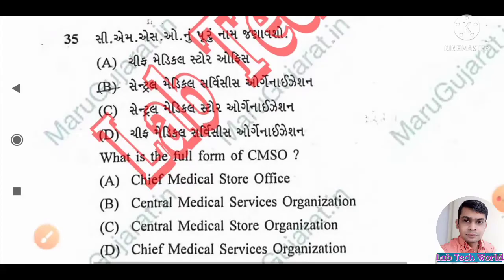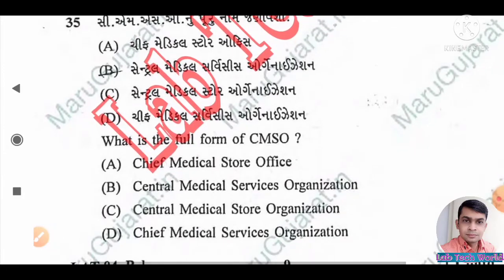Move to the next question, number 35. What is the full form of CMSO? Option A Chief Medical Store Office, B Central Medical Service Organization, option C Central Medical Store Organization, and D Chief Medical Services Organization.